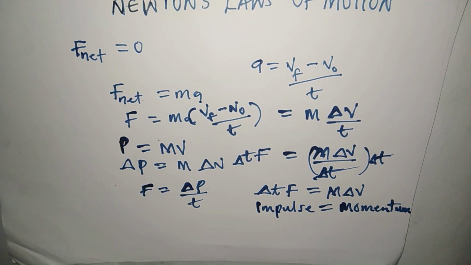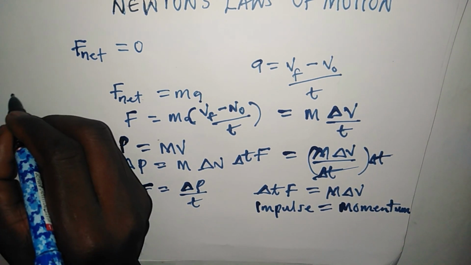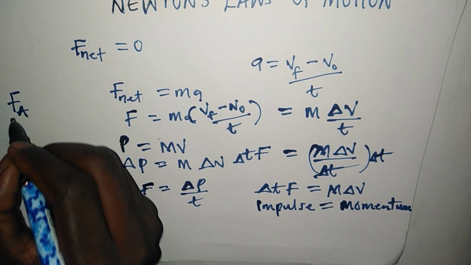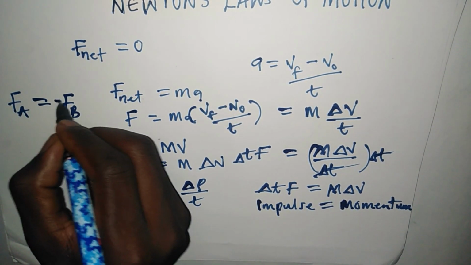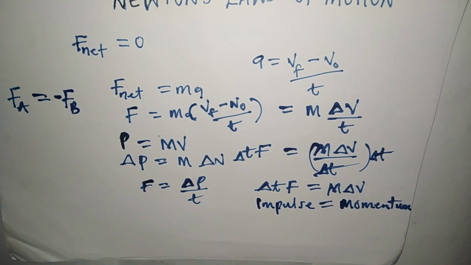Now for Newton's third law. Newton's third law states that for every action, there is an equal and opposite reaction. This means that if object A exerts a force on object B, then object B will exert an equal and opposite force on object A. Because it's opposite, we put a negative.